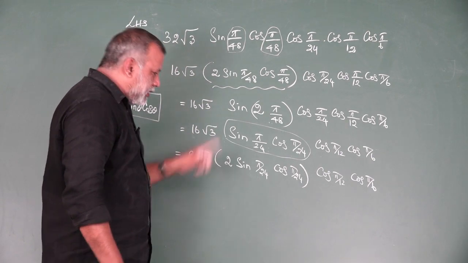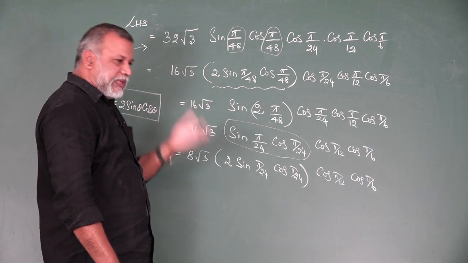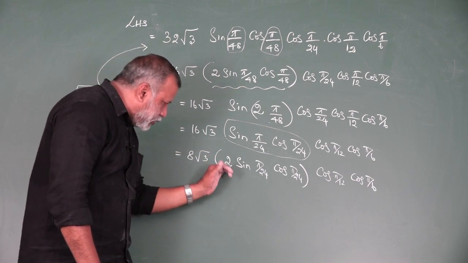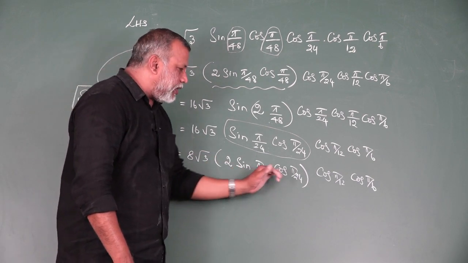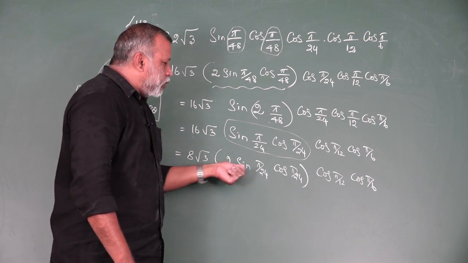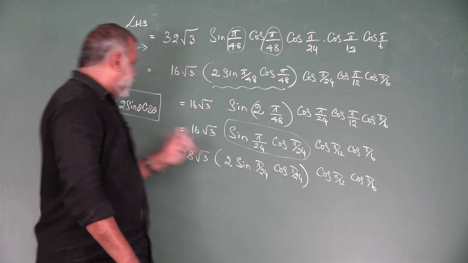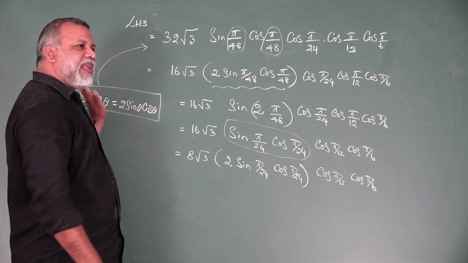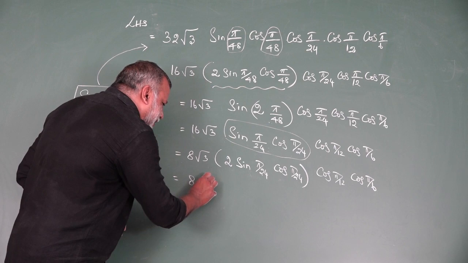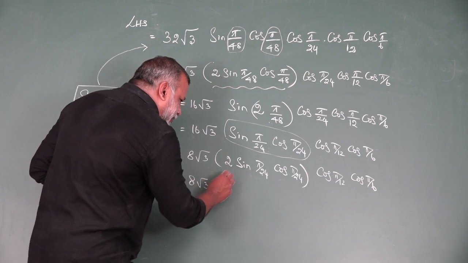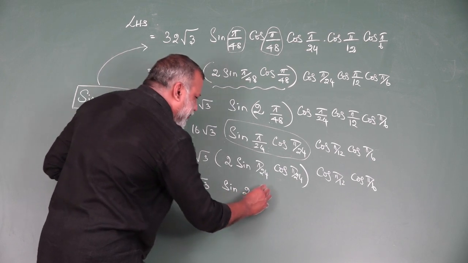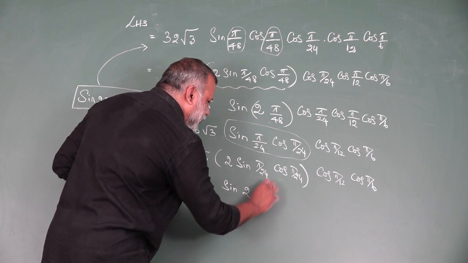Again I am taking the 16 root 3 as 8 root 3, the remaining 2 sin pi by 4, cos pi by 4. Now see this one, it is in the form of 2 sin theta cos theta. 2 sin theta cos theta can be simplified as sin 2 theta. Therefore keep this 8 root 3 as the same. This can be simplified as sin of 2 times pi by 24.